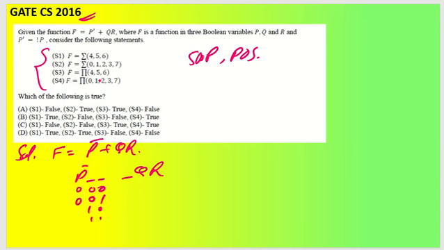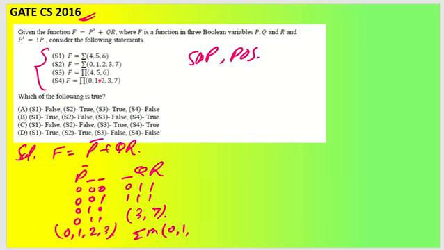If I write down the summations, it is going to be 0 1 2 and 3, and this is going to be 3 and 7. So my summation of min terms is 0 1 2 3 and 7.